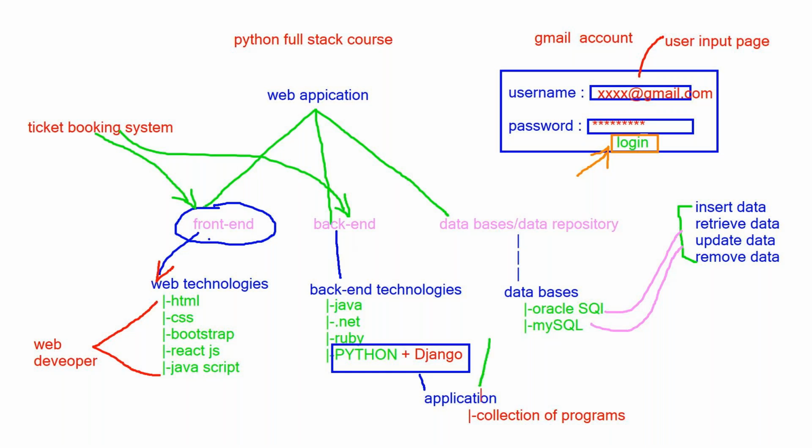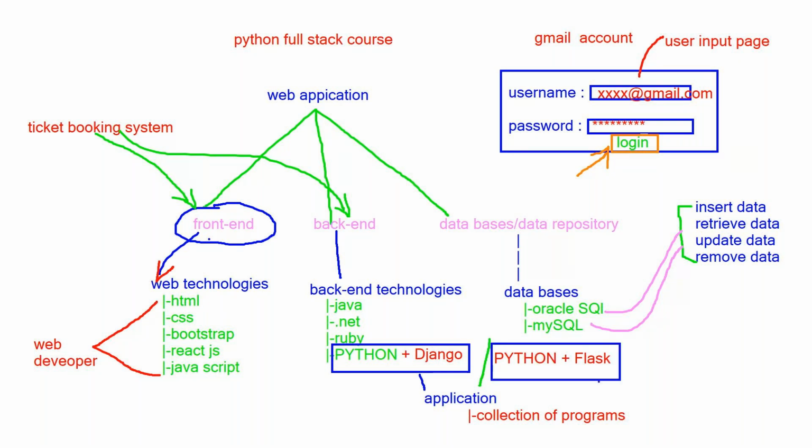We can develop web applications using Python in two flavors: one is Python plus Django, the other is Python plus Flask. These are two different flavors in web application development.